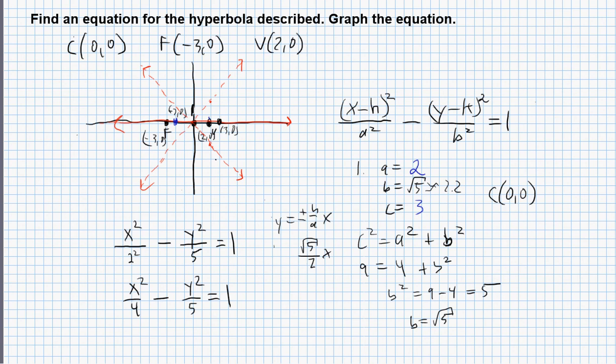Then I draw artistically the hyperbola. That's not very artistically, but you get the idea. Like this, going through the vertices, curling around the focal points, and snuggling into those asymptotes. And there it is. We've got the graph, and we've got the equation. Thank you.